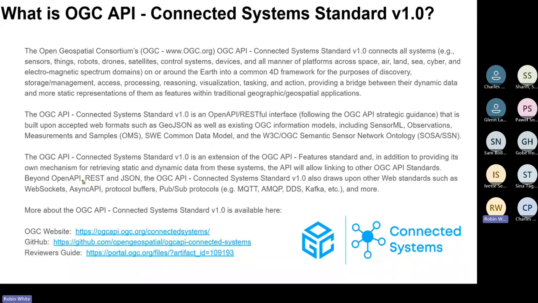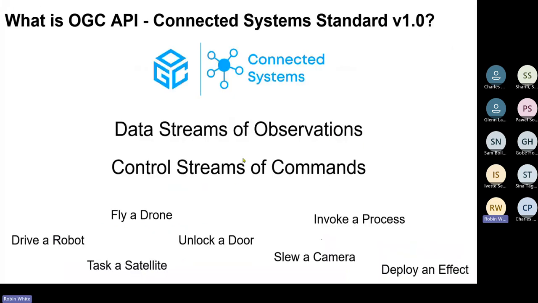Just general things I expect most of the people in this call to know already, what the OGC API is, things of that nature. What we're going to be talking about today specifically is binary encodings, which is part 5 of the Connected Systems standards.